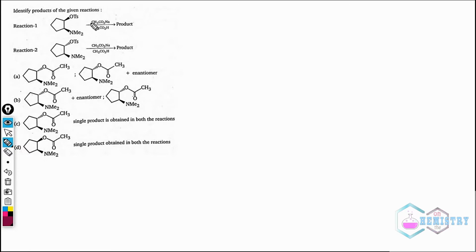It's a substitution reaction. What happens out there? This CH3COO group will replace the OTs group, and how? As we can see in reaction 1, the OTs group is above the plane.